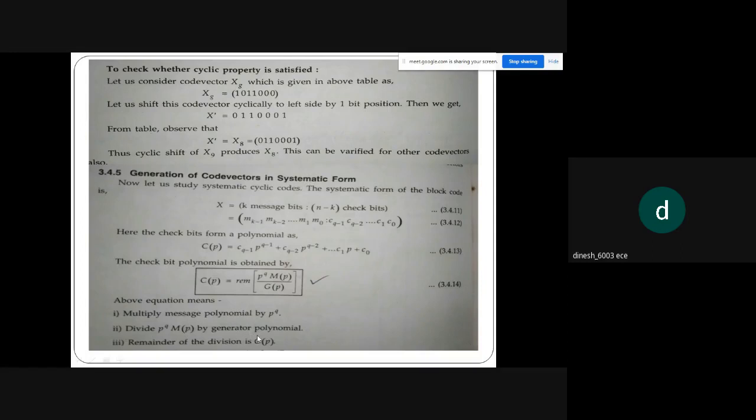Message polynomial is different, generator polynomial is different, and C(p) is the check bit polynomial.